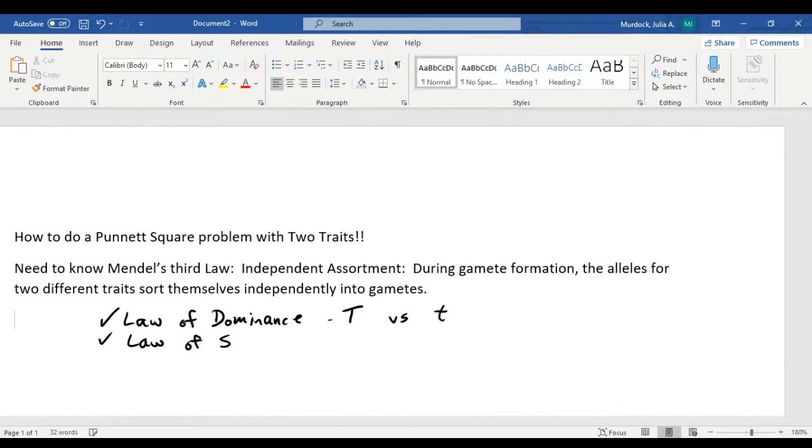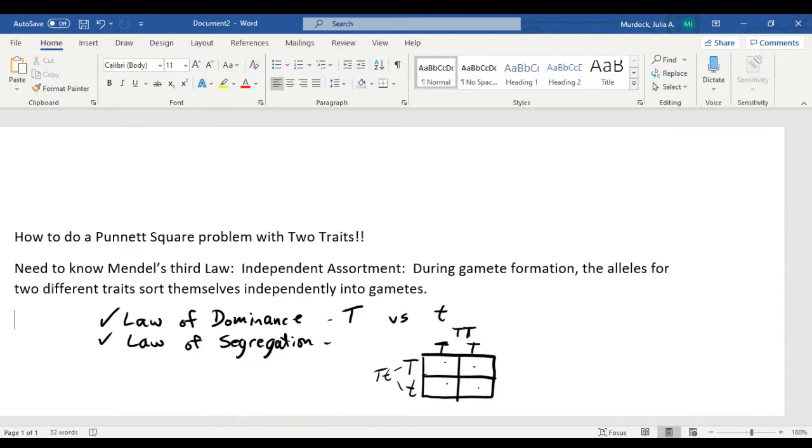The law of segregation just means, and I drew a diagram of this before, that when you're doing a single trait Punnett square, which is fairly easy to do, and you have this parent here and this parent over here, then during gamete formation those letters separate into the gametes here and here and here and here, that are eventually going to recombine into offspring inside the four boxes.